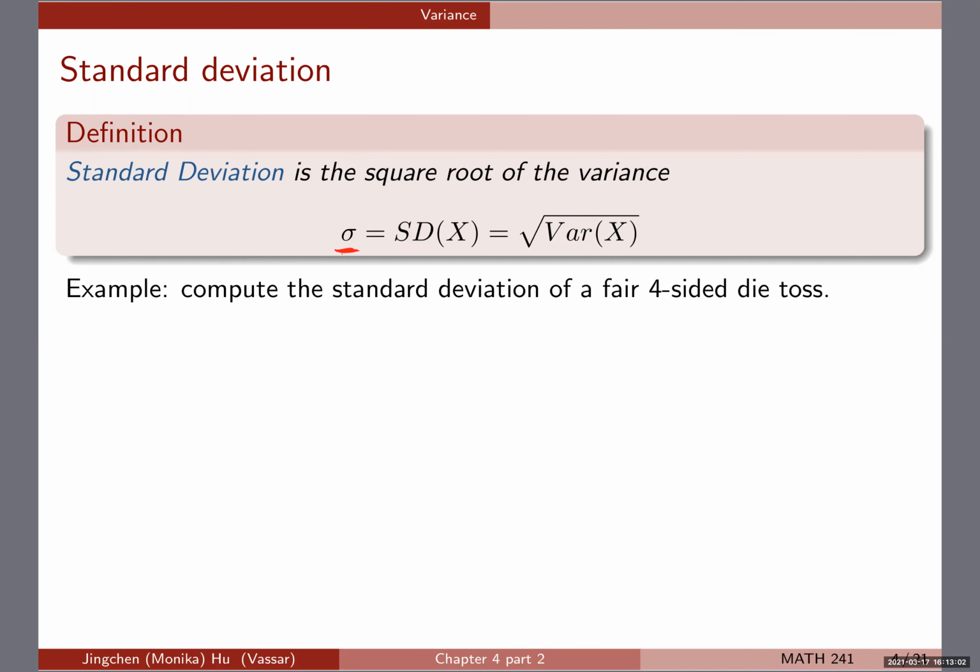So let's go over an example. Compute the standard deviation of a fair four-sided die. Just keep in mind, we always have our handy result. Like I said earlier, the common simplification of the variance is this.